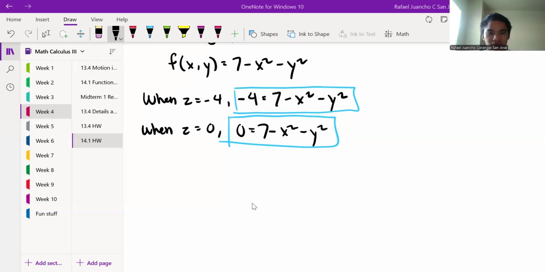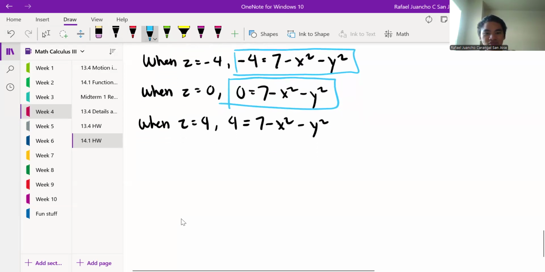I remove my -4. Okay, let me do the others as well. I've just been copy and pasting it. When z is 4, well, I basically just have 4 equals 7 minus x squared minus y squared.